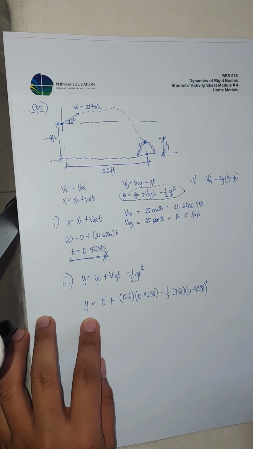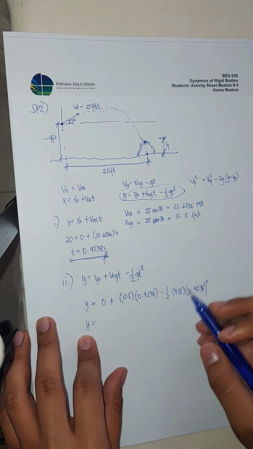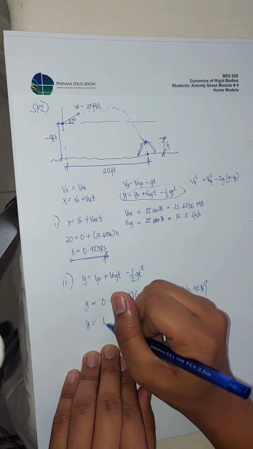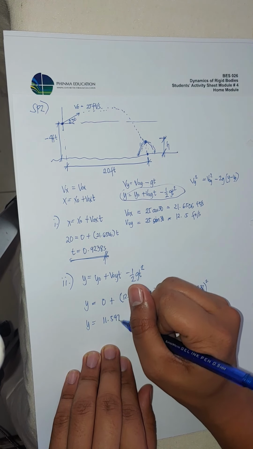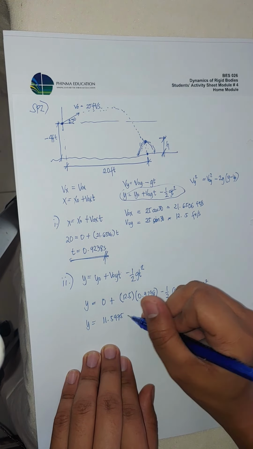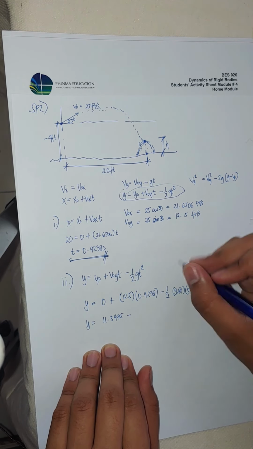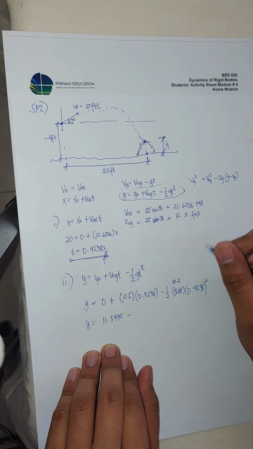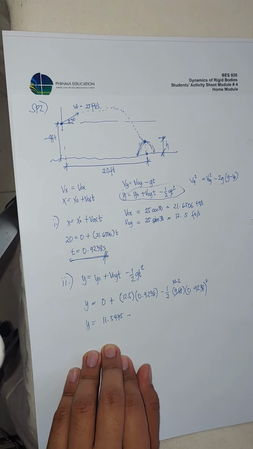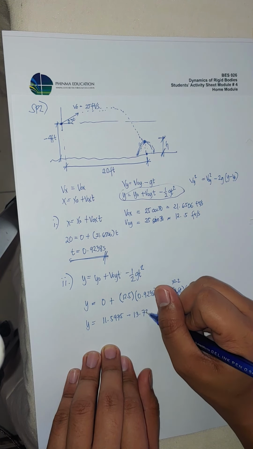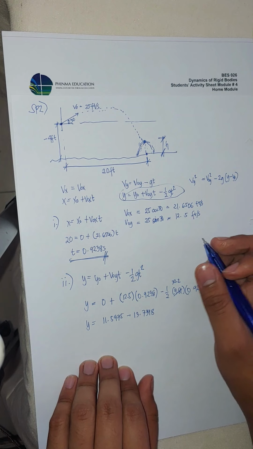So our y is equal to 12.5 times 0.9238 seconds, which is 11.5475 foot, minus 1/2 times, sorry, this is not 9.81, this is 32.2, times 0.9238 squared, which is 13.7398 foot.